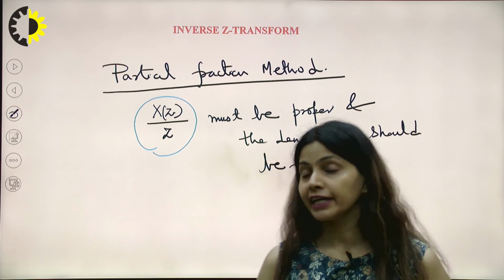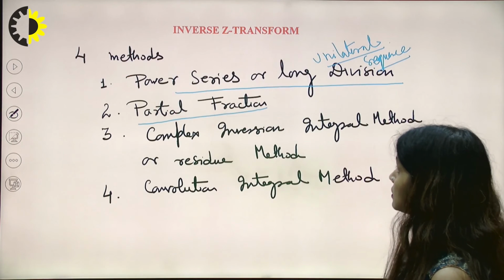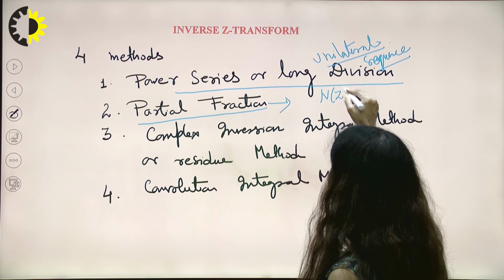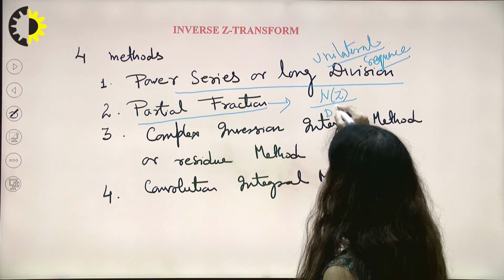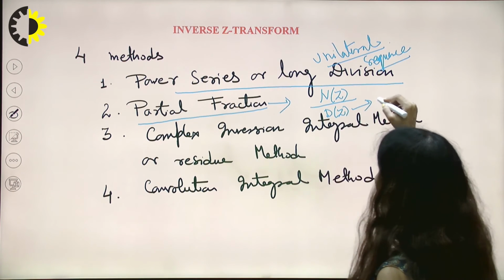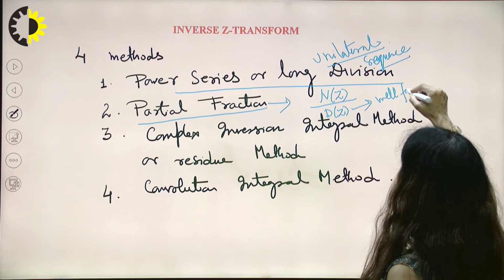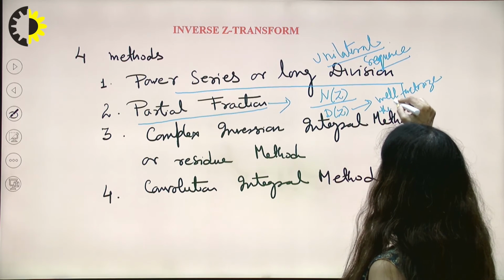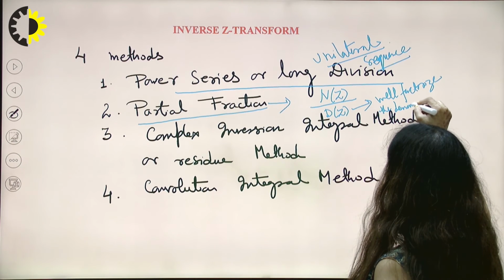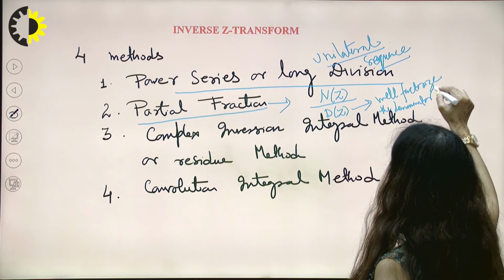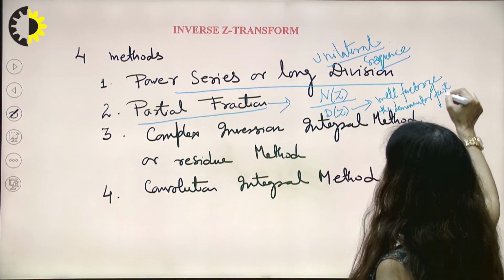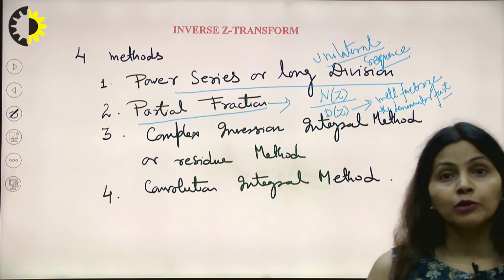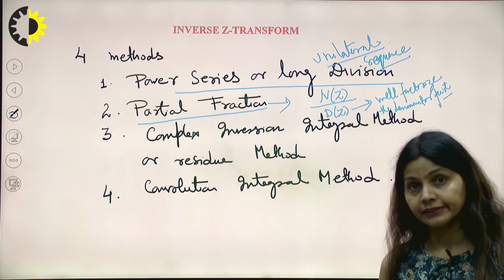So the second technique depends on X(z) being in this form, where we can factorize the denominator part. So the second technique is also not applicable to all X(z)'s.